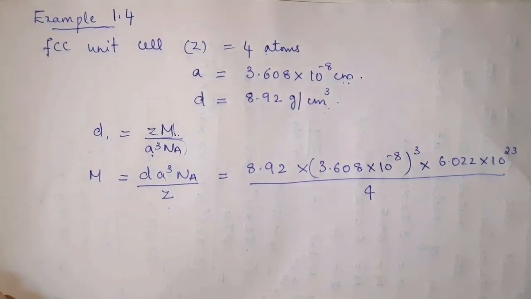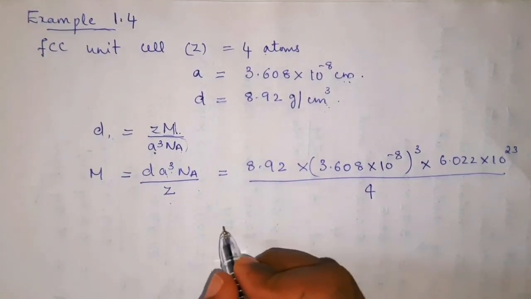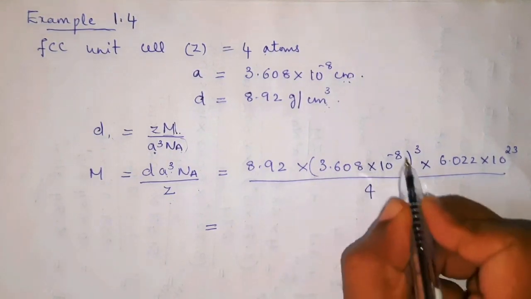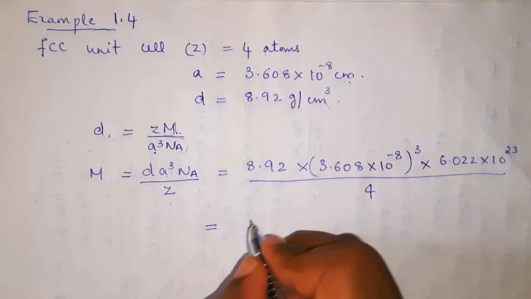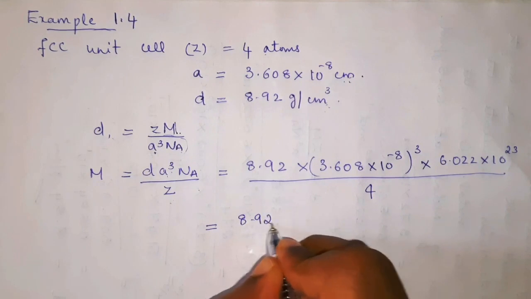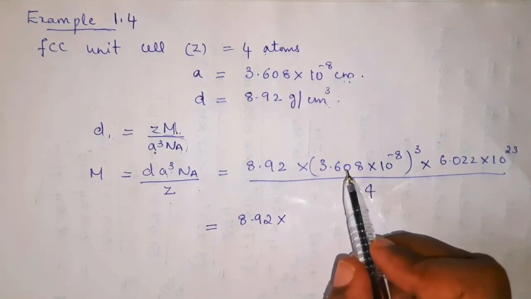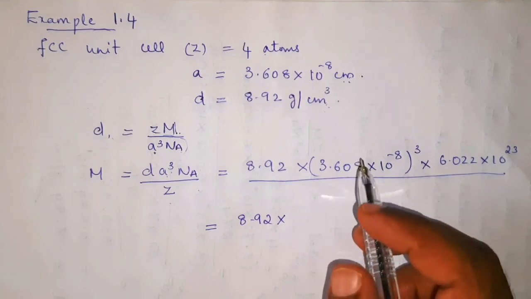This is what you get. Now you need to simplify this. First, you have to cube the term 3.608, that is 3.608 cube.